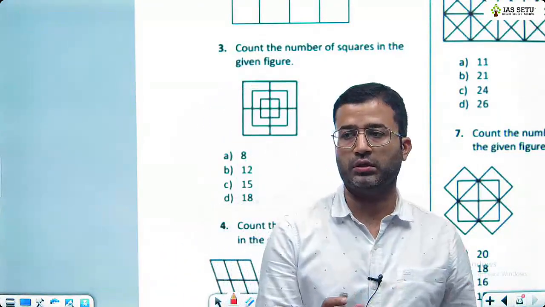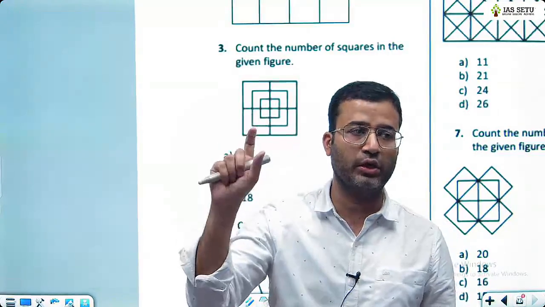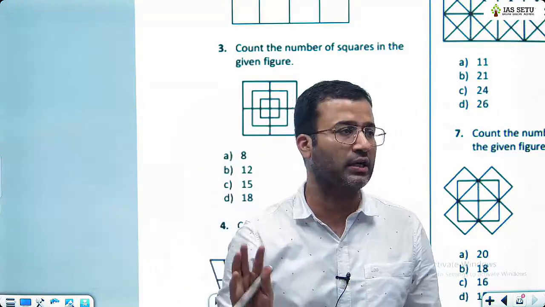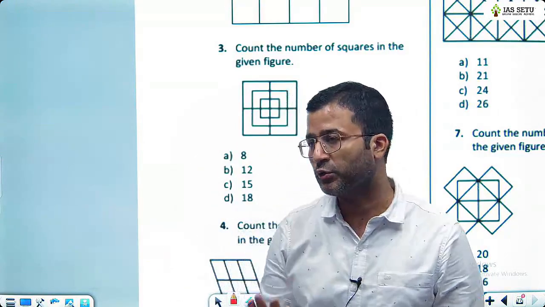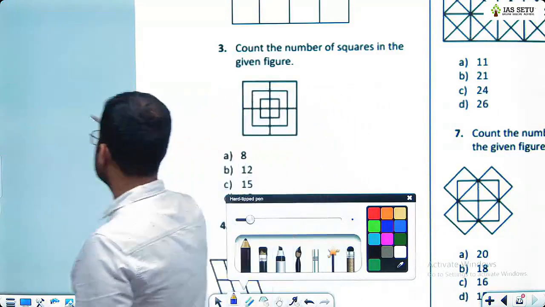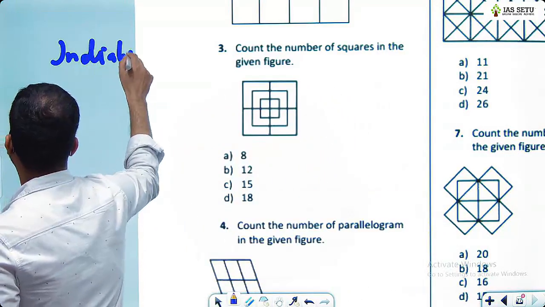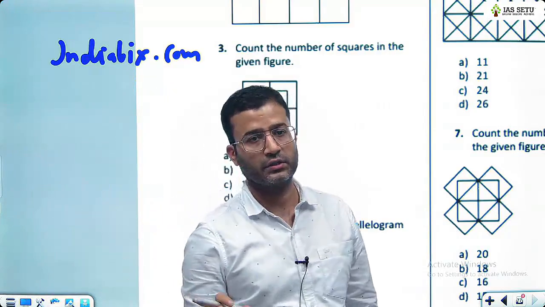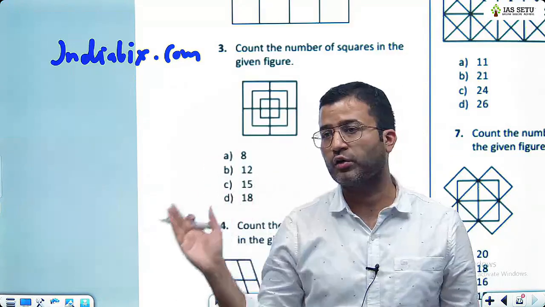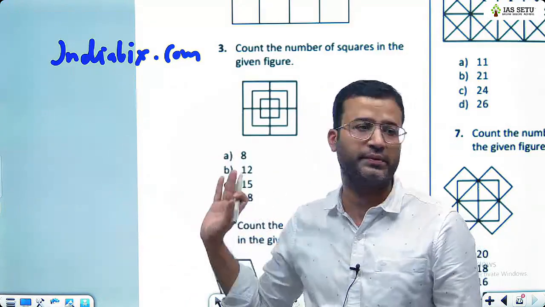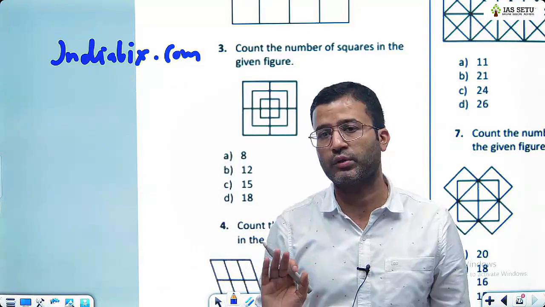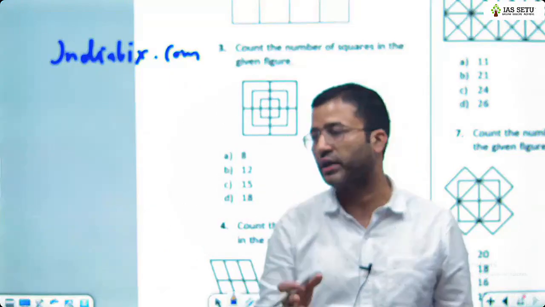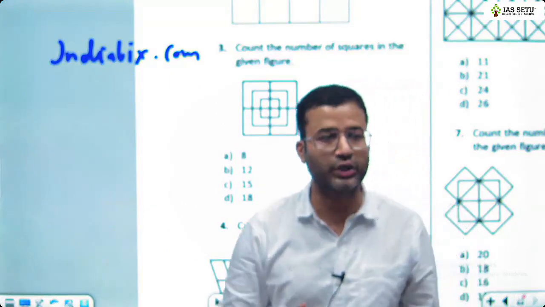Either you have book RS अग्रवाल नॉन वर्बल रीजनिंग की एक अलग बुक आती है, there you have analytical reasoning के नाम से टॉपिक, where you have counting of squares, rectangle, parallelogram, rhombus. If you don't want to purchase that book, indiabix.com पे जाना, analytical reasoning, in the search you can put, there you get question, and I have taken all the question in this test from indiabix.com. सारे के सारे question indiabix.com से ही है. So you try 20 to 30 question for counting of square, rectangle, parallelogram, rhombus, so that you will be comfortable.